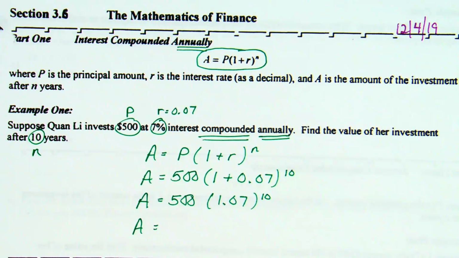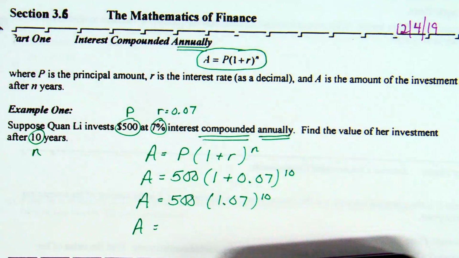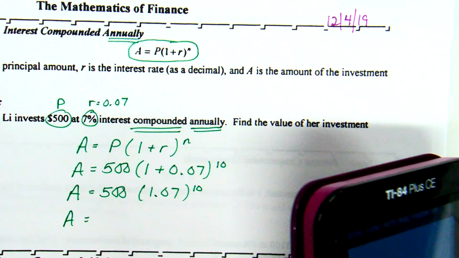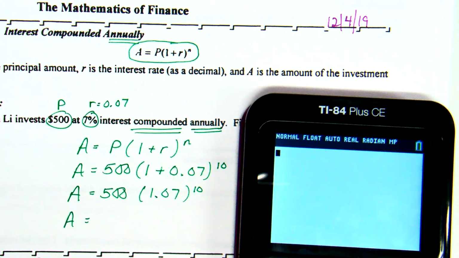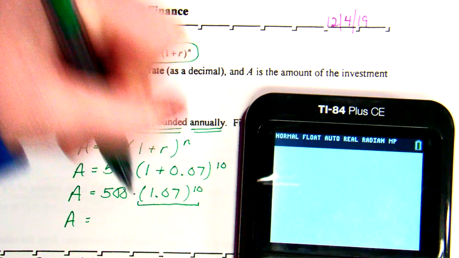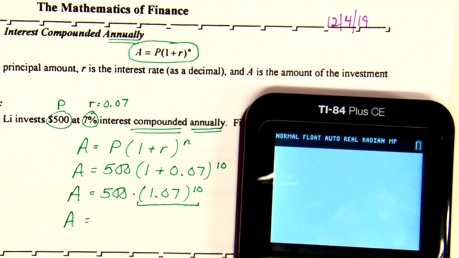What are my options here? If you're doing this on a calculator where you have to do pieces, officially we need to do the exponents first. So 1.07 to the 10th, and then times 500. What's easiest to do in these calculators, though? Can you just enter it all at once? Yeah. I would just do 500 times 1.07 raised to the 10th.